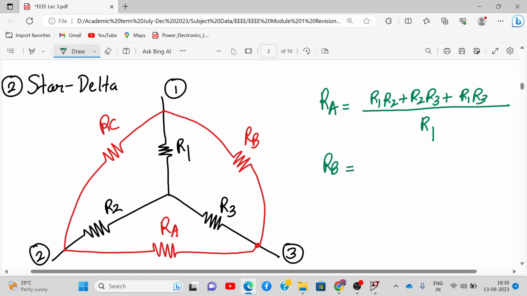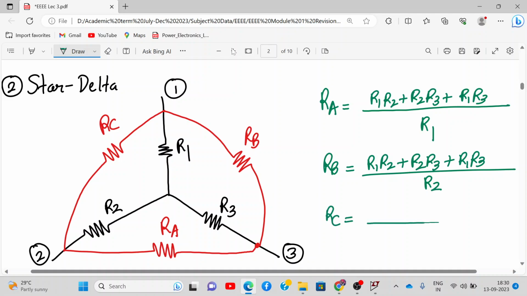Similarly, for RB the numerator will be the same: R1 R2 plus R2 R3 plus R1 R3, divided by, now opposite RB, what resistance do you see? Internal R2. So this will be R2. Similarly, for RC the opposite resistance will be R3, so in the denominator you will get R3, and the numerator is R1 R2 plus R2 R3 plus R1 R3.